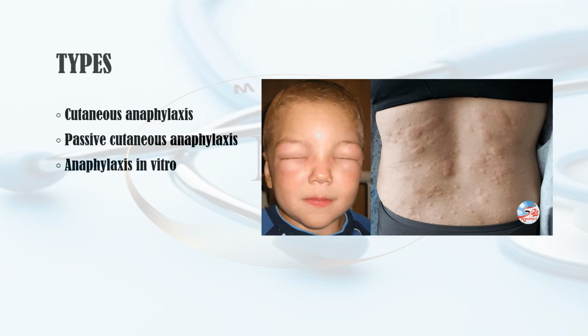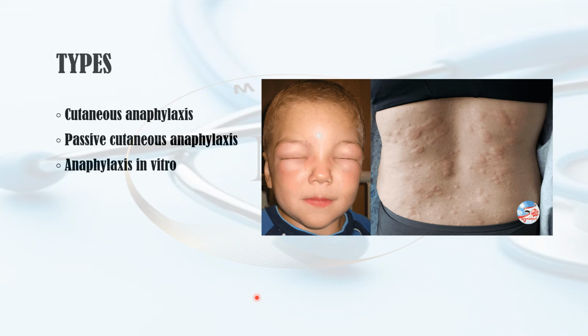Now we'll be learning about the types of it. It comes as cutaneous anaphylaxis, where a small shocking dose of an antigen is administered intradermally to a sensitized host, and a local wheal and flare formation occurs, like given in this picture. Then we have passive cutaneous anaphylaxis. Here this is extremely sensitive.